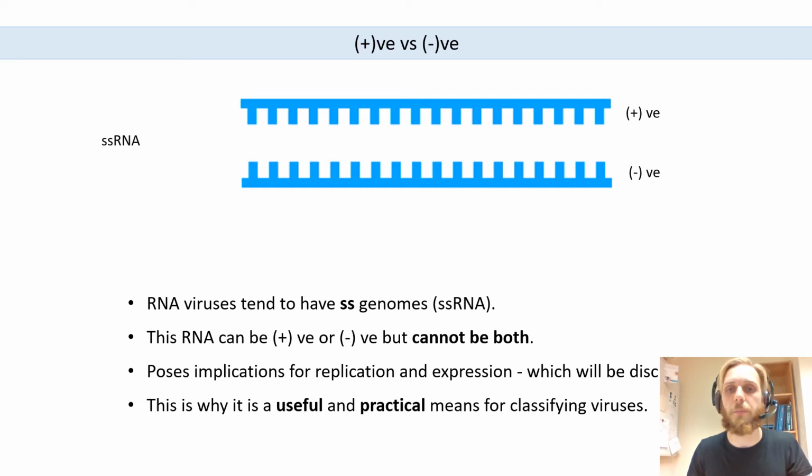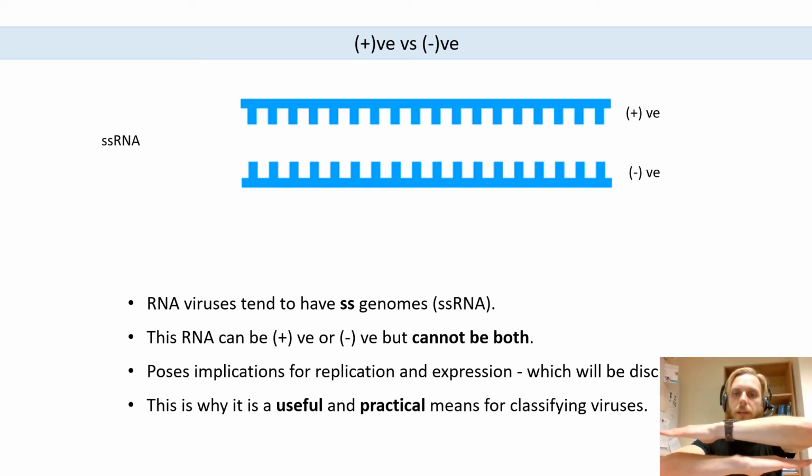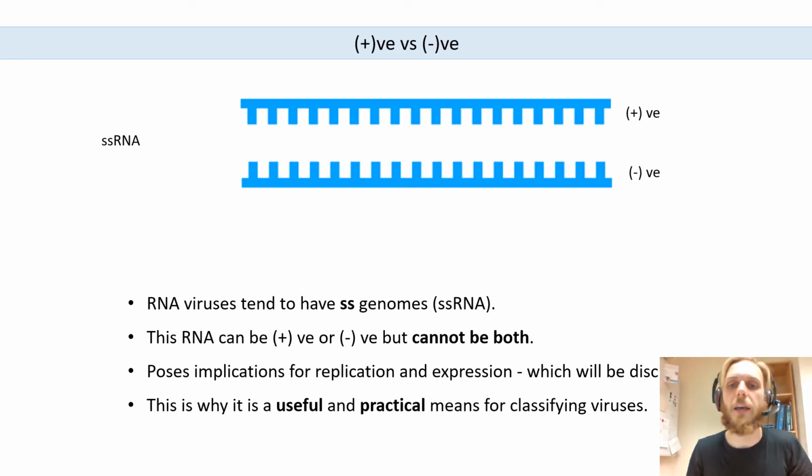The top one is positive and the bottom one is negative, demonstrating that these are two halves. They're complementary, not exactly the same. If you have a single-stranded virus, and most single-stranded viruses are RNA, you're just going to have one of these, a positive sense genome or a negative sense genome. If it's a positive sense genome, like at the top, it can be turned straight into protein.